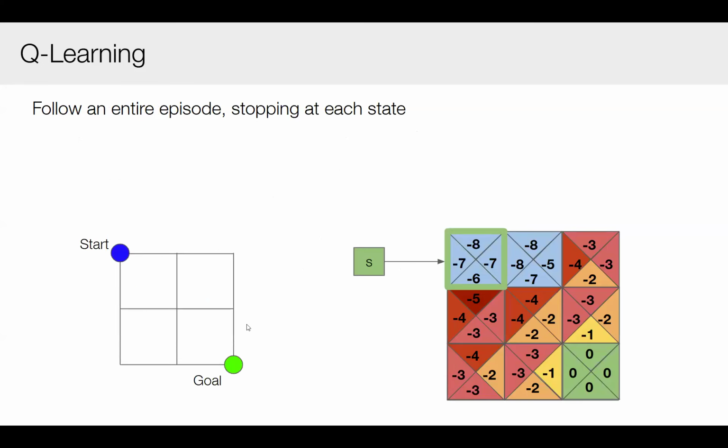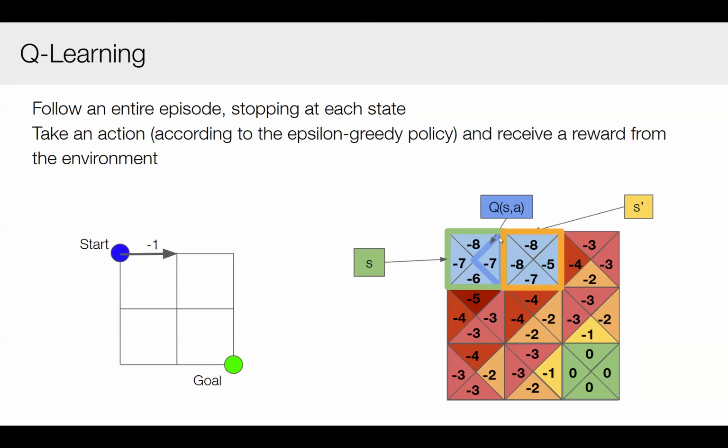So let's walk through an example of what a Q learning step would look like. We're going to follow an entire episode, stopping at each state. Let's say we're starting at the blue dot, and this is the state we're referring to in our Q table. Now we take an action from this state according to our epsilon greedy policy, and then receive a reward from the environment.